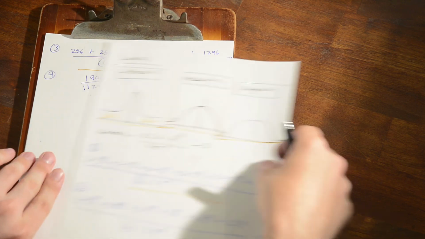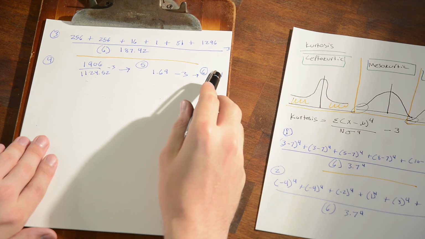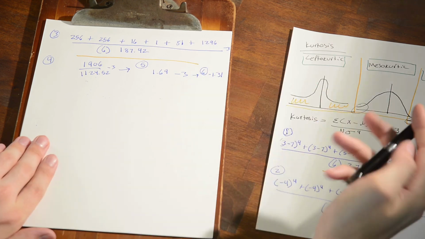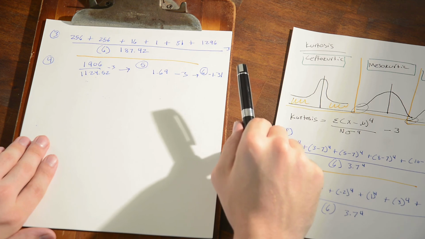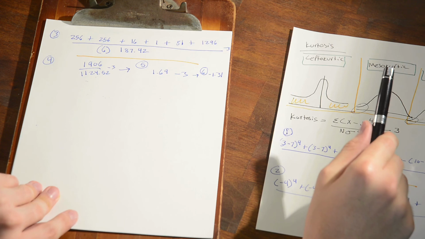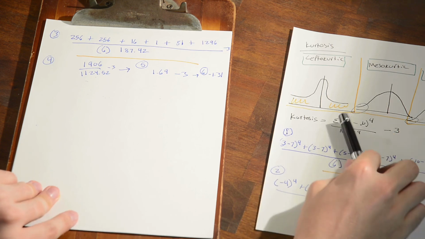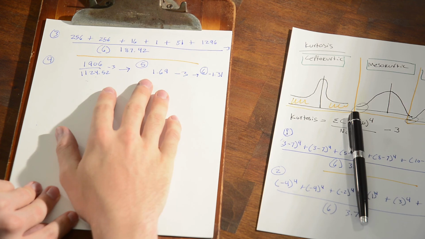Now, I am not familiar enough with the use of kurtosis to give you advice on at what point you start making changes to your analysis software or your analysis tools. So I'm just going to go ahead and leave you here with how it's been calculated.